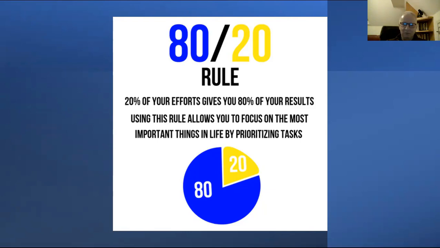If you're in business, 20% of your customers will produce 80% of the revenue, where the other 80% of those customers will only produce 20% of the revenue. So if you really truly want to maximize your time and your energy, focus on the 20% that is going to produce 80% of the result.